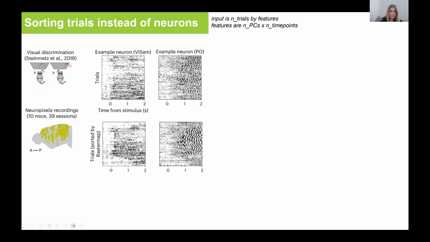And this is what the Rastermap looks like after sorting. So this is the example response of this neuron now sorted by Rastermap, and then for this PO neuron, and you can see the licking that's very periodic and fairly locked to the time of the reward, like Kenneth was describing.